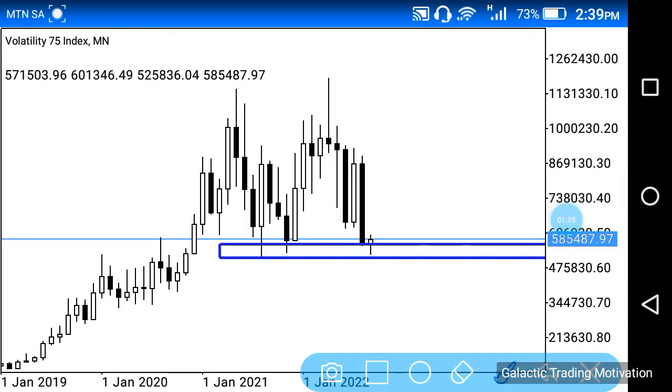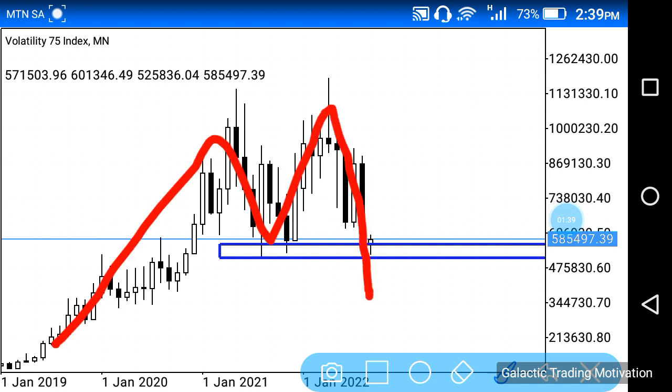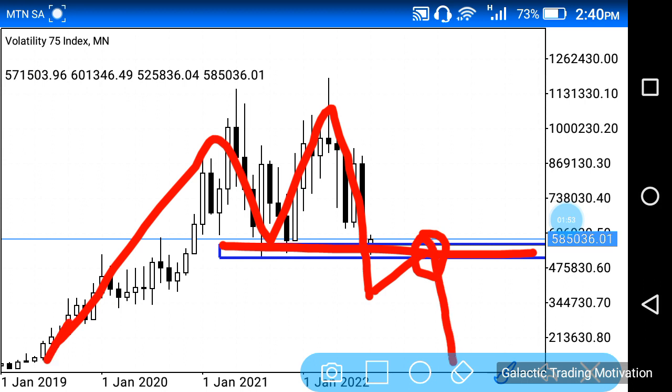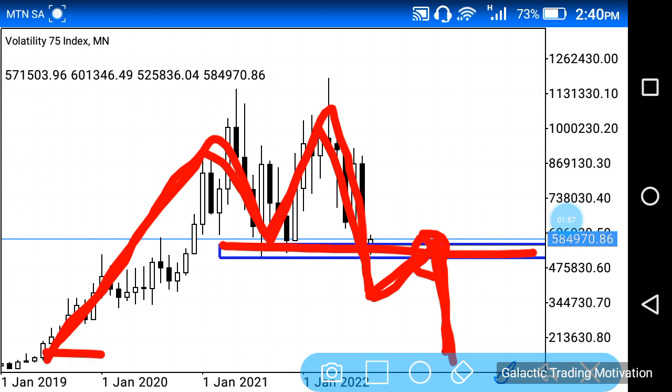What I would love to see myself is for price to break below the neckline of this M structure and then head back up to retest it, and this is where I would possibly look for selling opportunities, right? Ultimately I would love to see this M structure come to completion at around this level over here.